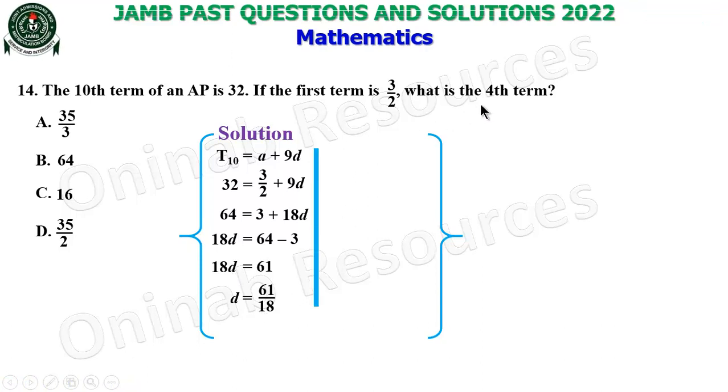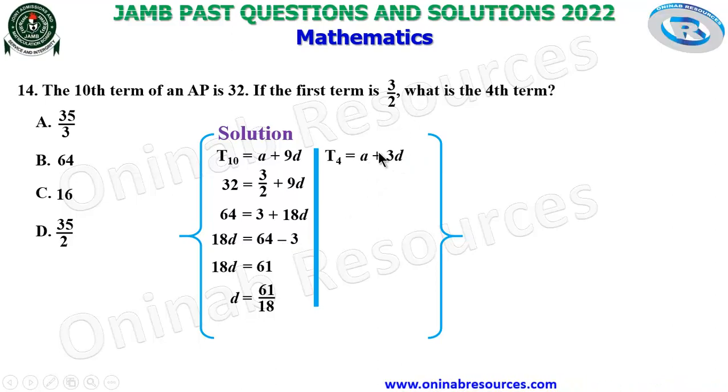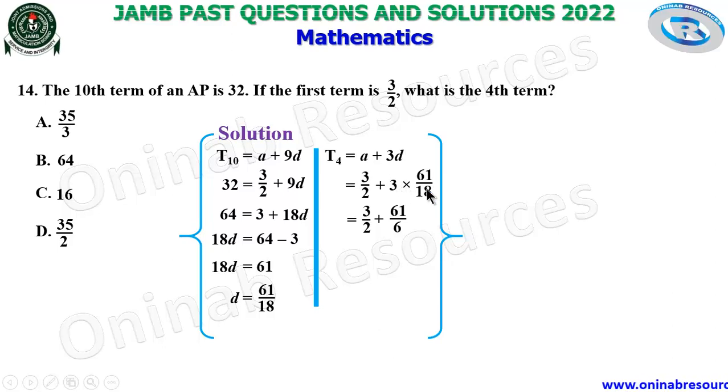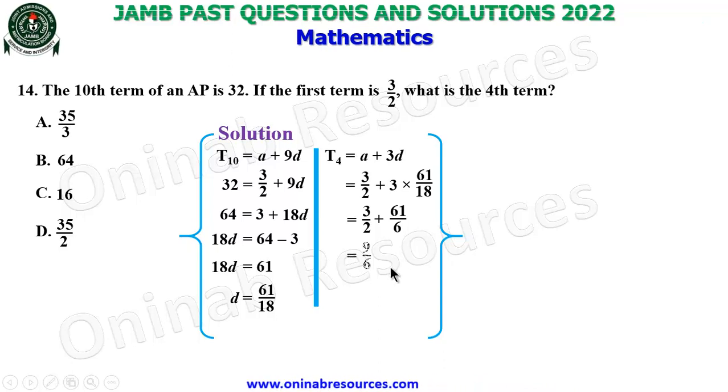And from there, we find our fourth term. T4 is A plus 3D. So our A is 3 over 2 plus 3 times 61 over 18. 3 over 2 plus 61 over 6, because 3 goes into 18 six times.